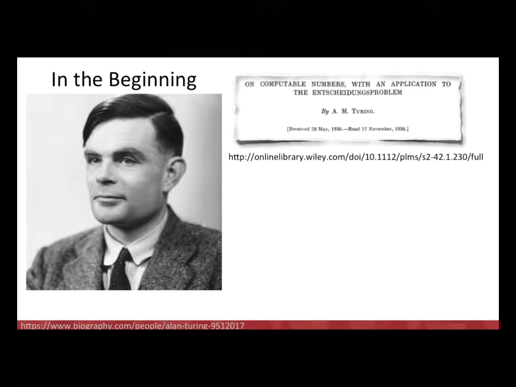The first paper is this one, on computable numbers with an application to the Entscheidungsproblem. And as you can see, the man's name is Alan Turing. So first, what's an Entscheidungsproblem?